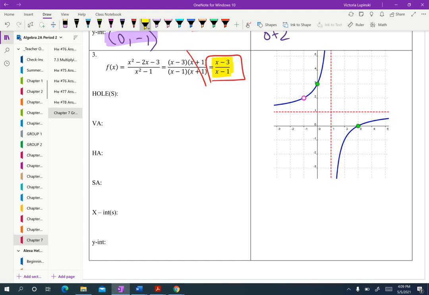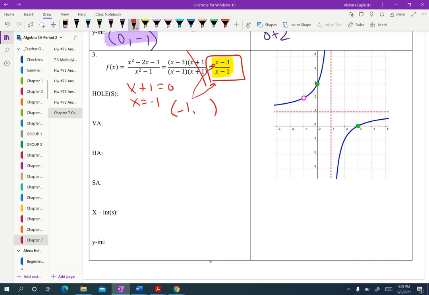The hole should present itself immediately. You take whatever the canceled factor was, in this case, x plus 1, set it equal to 0, and then solve for x. The hole has to be an ordered pair, so (-1, something). In order to find the something, you're going to take that -1 and plug it in for all the x's in the simplified version.